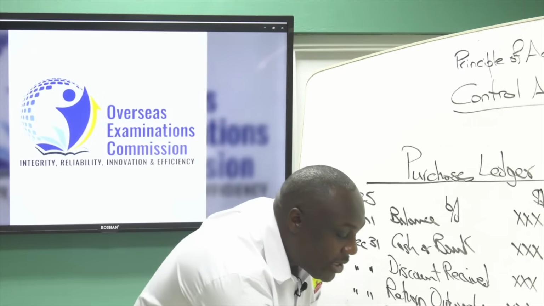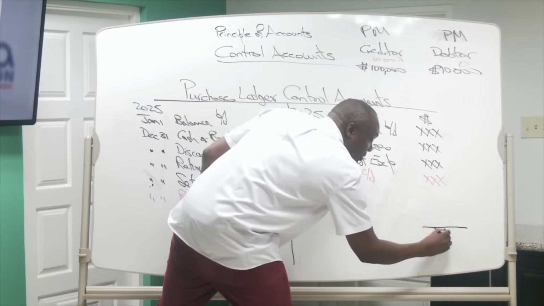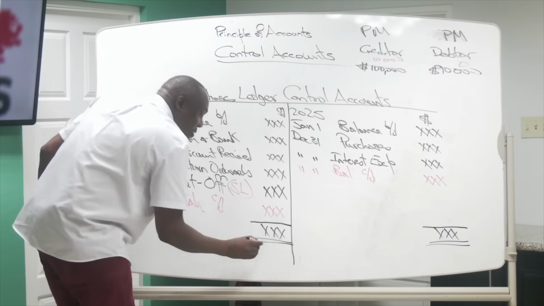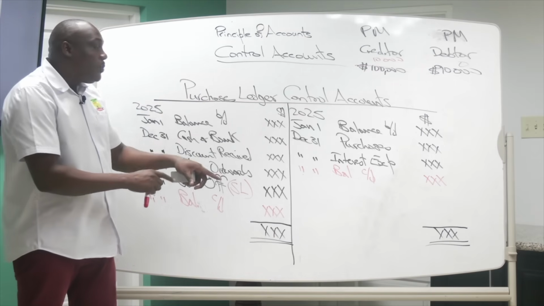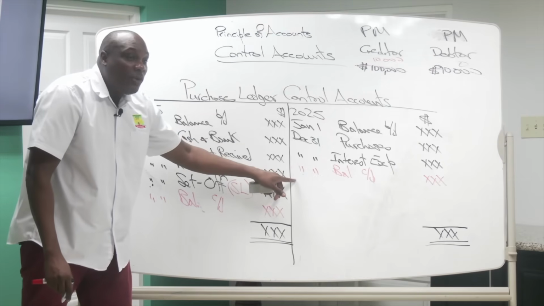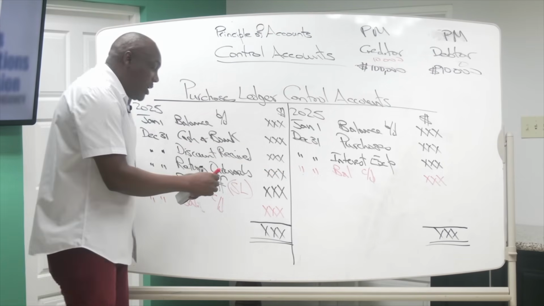All right, so here we put the total and a double line to close the account. Then now we're going to bring down in the new period. Remember the day after December 31st, 2025 must be January 1, 2026. So therefore, we're going into a new year.